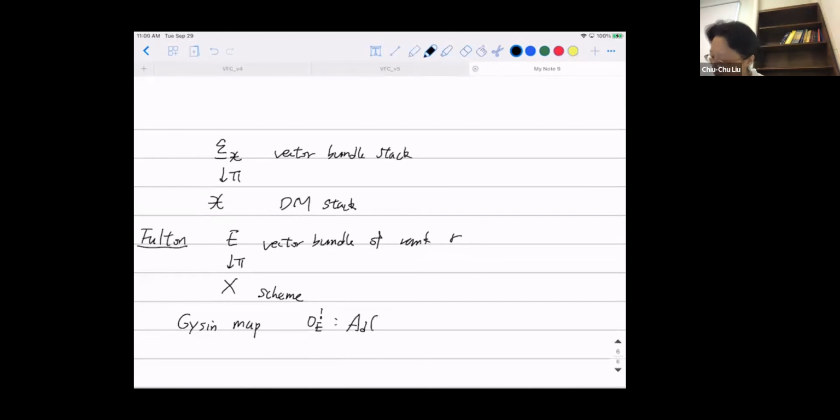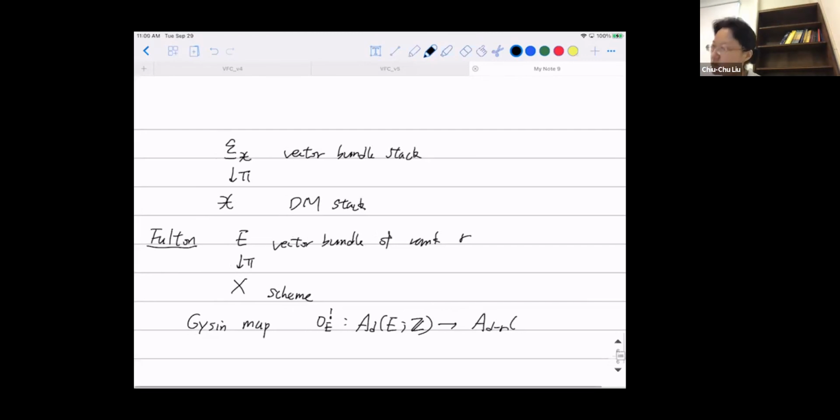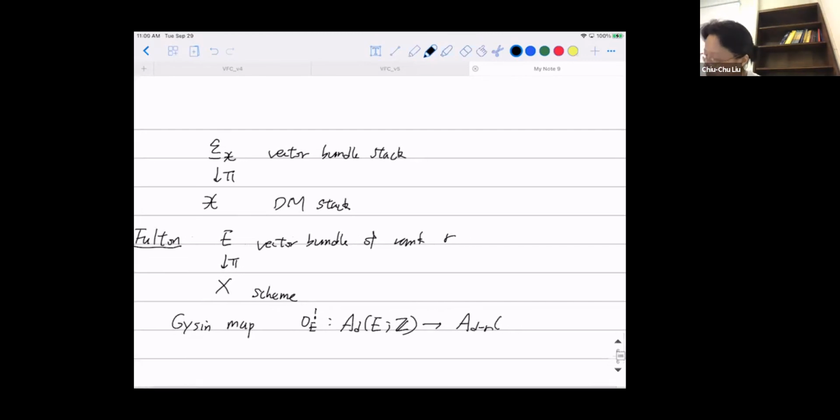So we are on schemes, Chow group with integral coefficients. Given an element in this Chow group on the total space, this Gysin map gives you a class of degree d minus r in the base, in the zero section.